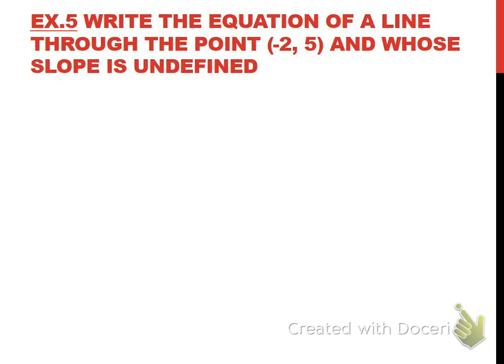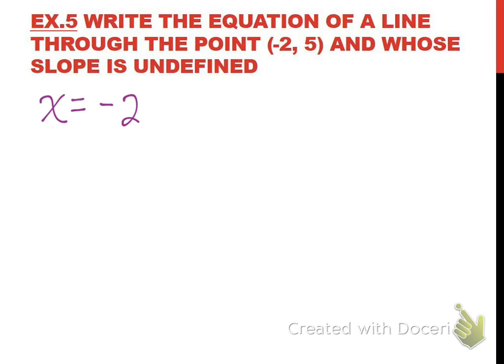They have an x-intercept. So horizontal lines are y equals. Vertical lines are x equals. This time they gave us another constraint though. It's not just x equals whatever number we want. It has to go through what x coordinate?